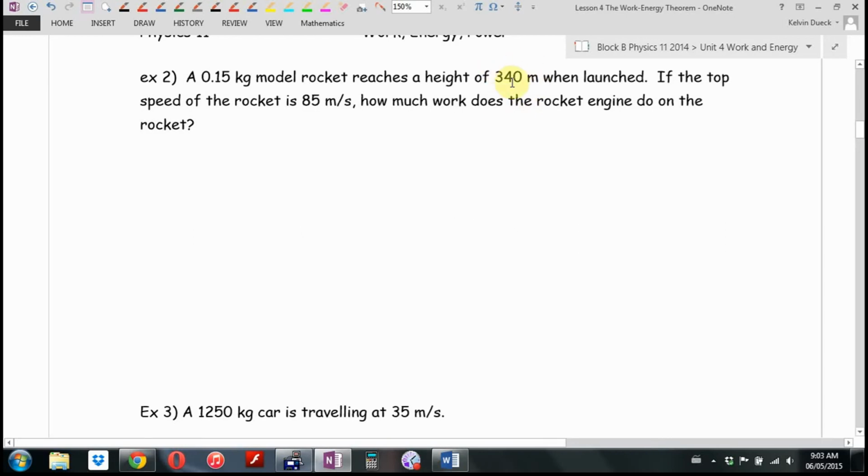There is a height here, but I also see a speed here, which suggests there's some kinetic. I think my best bet here is to say work equals the change in potential plus the change in kinetic.